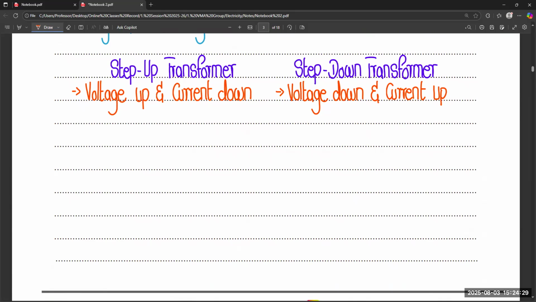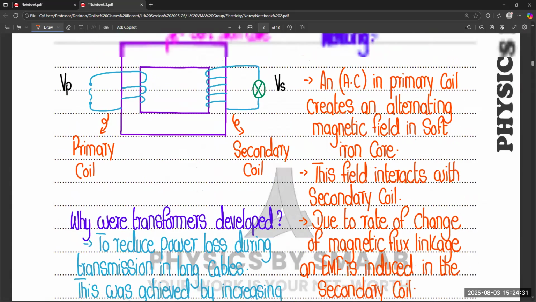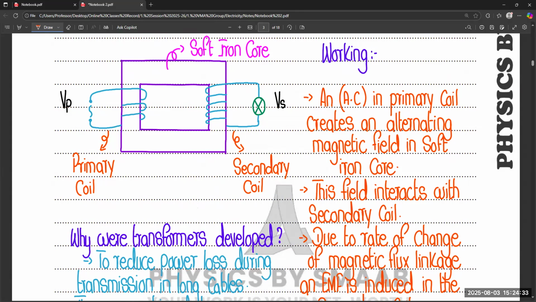Now, just like the diagram we observe over here, in this diagram we can see that the primary coil has less number of turns, and in the secondary coil we have more number of turns. So this diagram shows you the concept of a step up transformer, because in output we have more number of turns.